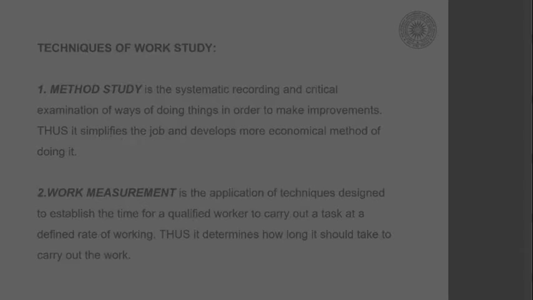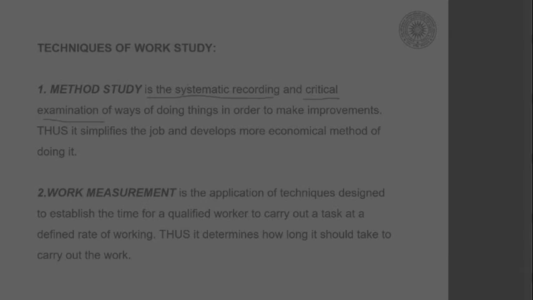Now, what are the techniques of work study? As I said, there are two techniques. One is method study and another is work measurement. So method study, what exactly is it? It is a systematic recording and critical examination. We systematically record and critically examine how a work is performed.